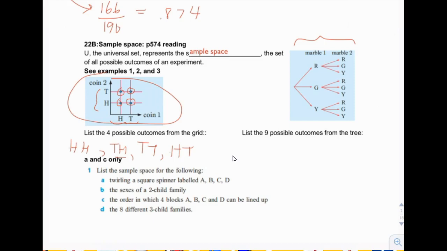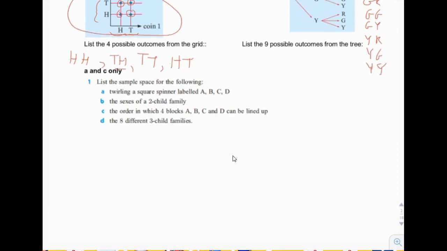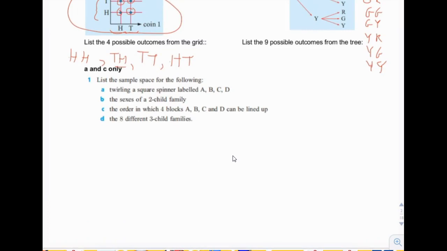List the 9 possible outcomes from the tree. Okay, it's easier if we write them here. RR, RG, RY, GR, GG, GY, YR, YG, and YY. Okay? Alright. For 1, A and C only.